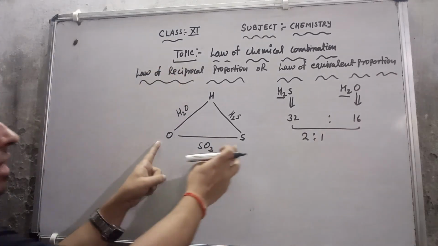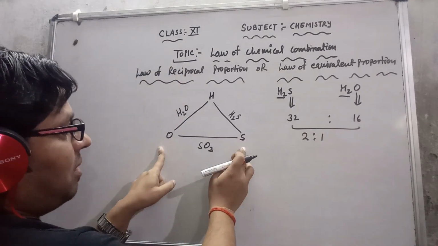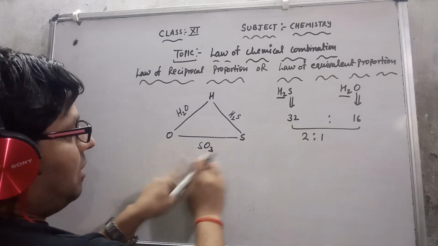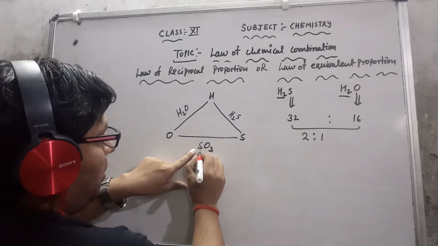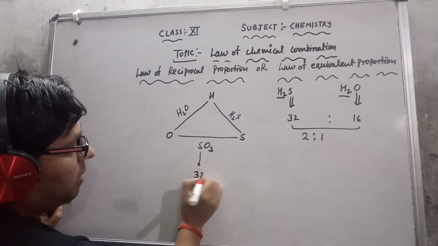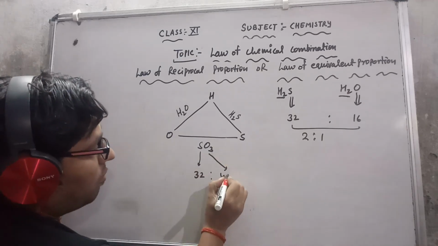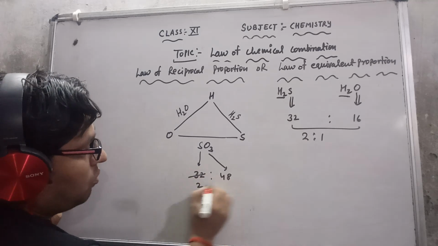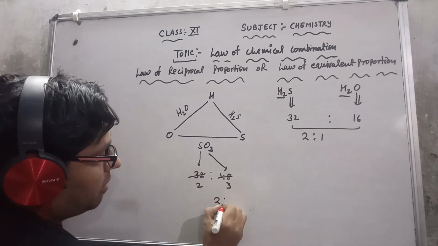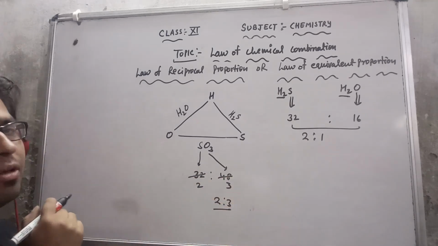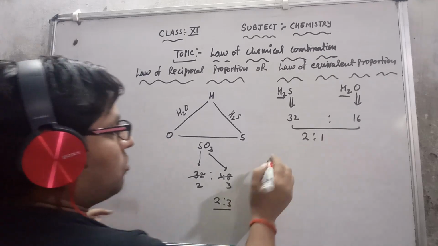Now when they combine with each other, you can check: for sulfur this is 32, for oxygen 16 3s are 48. So the ratio is coming 2:3. So if I find out their ratio, what will this be?